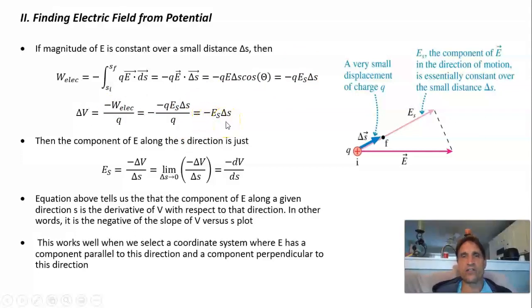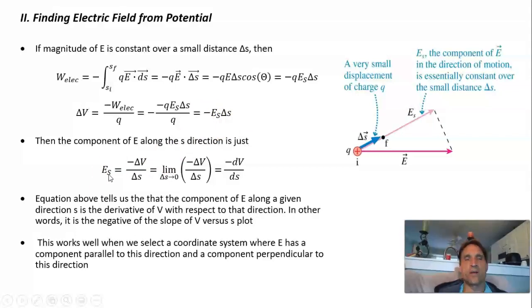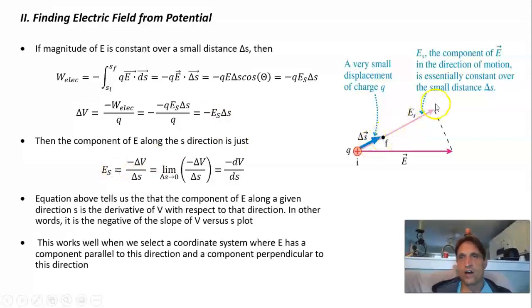and it means delta V is equal to negative E delta S. And so then we can divide both sides by delta S, and we get that the component of an electric field along some direction S, which is ES, is equal to the change in the voltage divided by delta S, with a negative sign. And if we take the limit as this delta S approaches 0, this differential becomes a derivative, and we get that ES is equal to negative dV/ds.